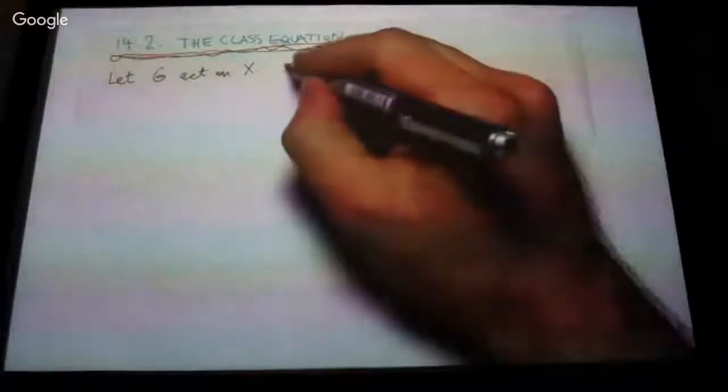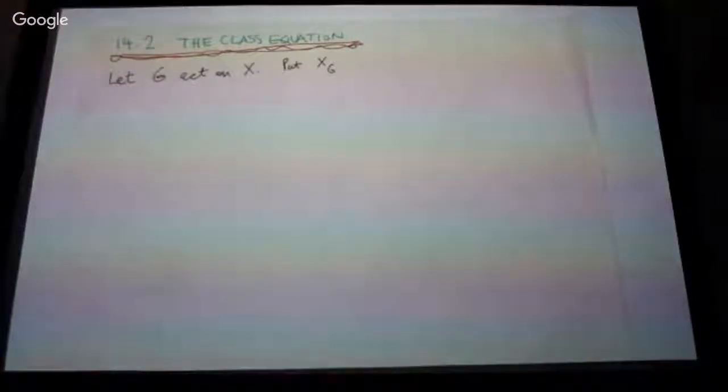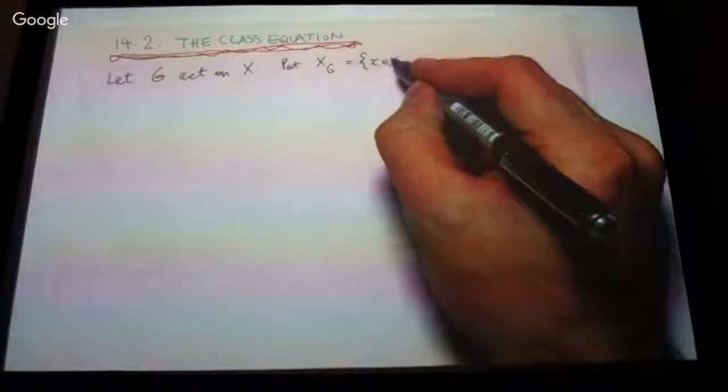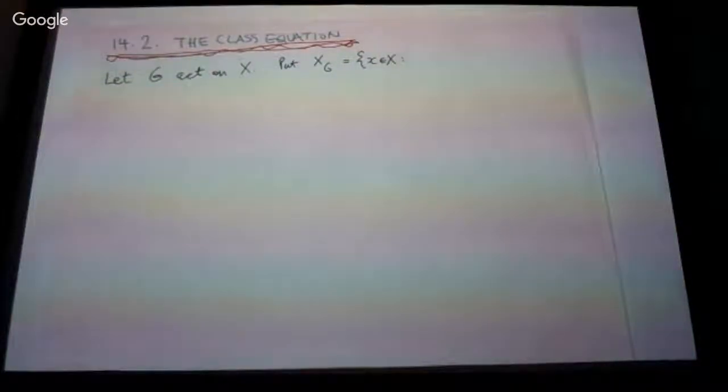So define X_G to be all the elements of X whose orbit has size 1, that sit in the orbit by themselves. We sort of put them to the side because for later applications we need to put them to the side.